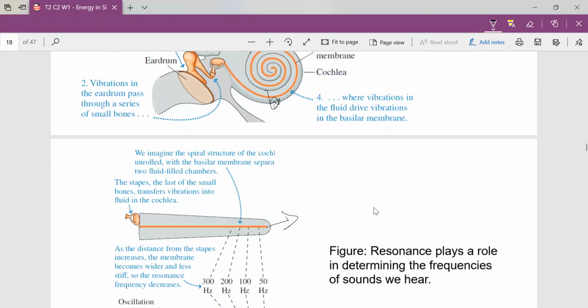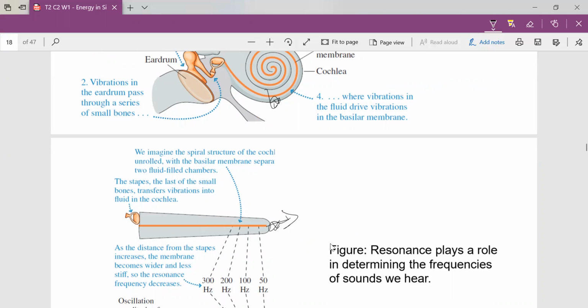Imagine the spiral part of the ear that helps control sound stretched to the figure you see here now, such that the basilar membrane is separate. Now, this will help us differentiate.